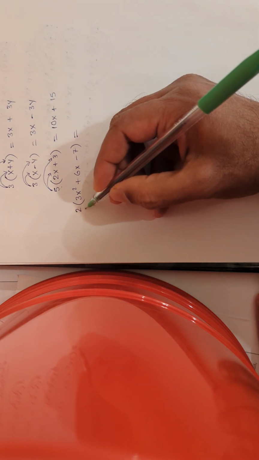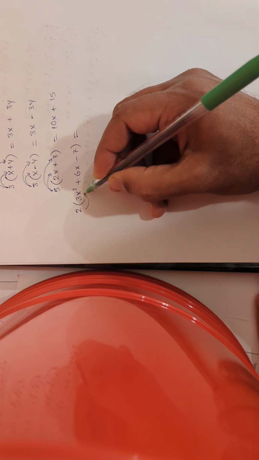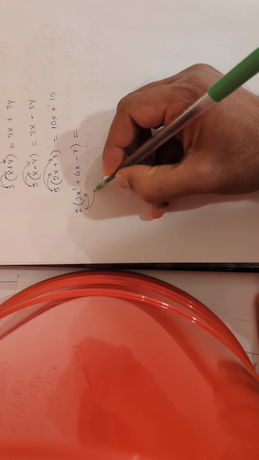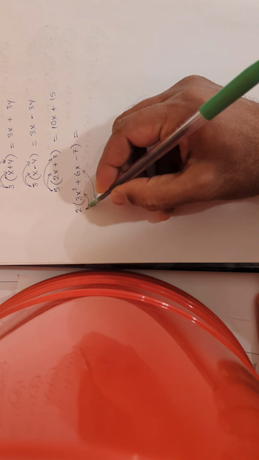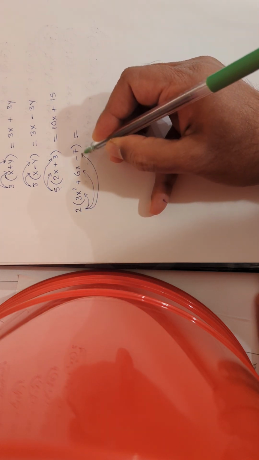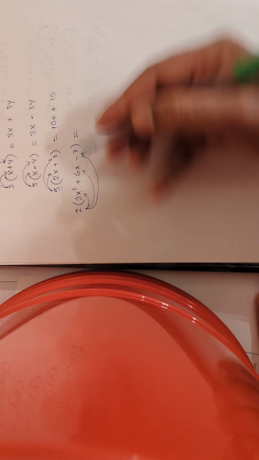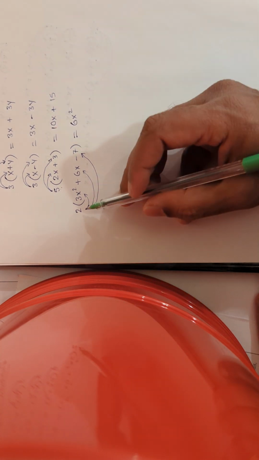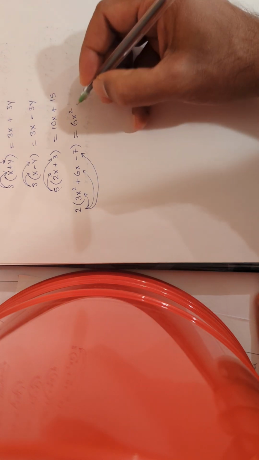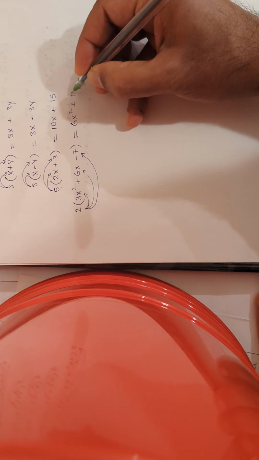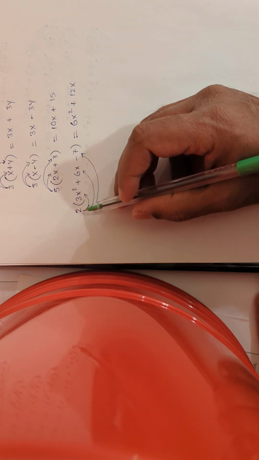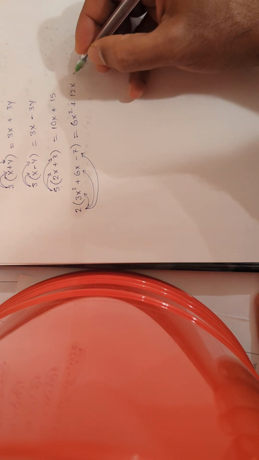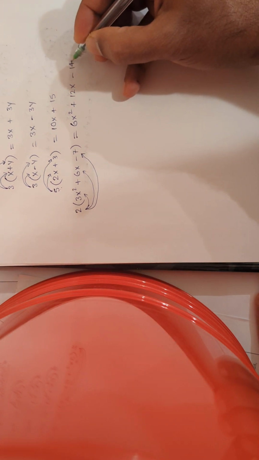Now we'll be multiplying the 2 with the 3 terms. So 2 times 3x square is 6x square because 2 times 3 is 6. Then 2 times 6x is 12x. And now I'm seeing 2 times negative 7. So that's going to be negative 14.